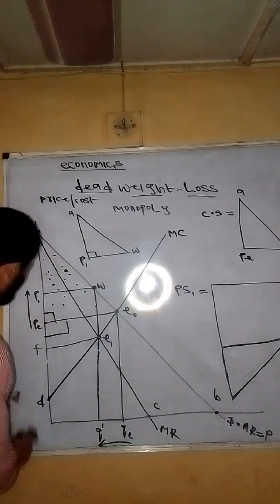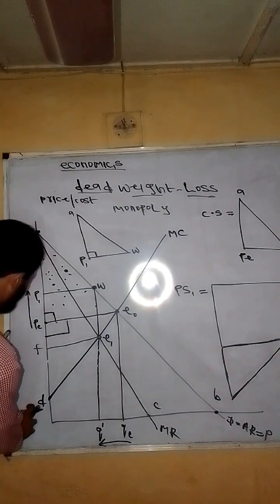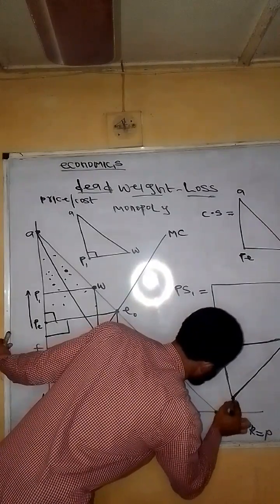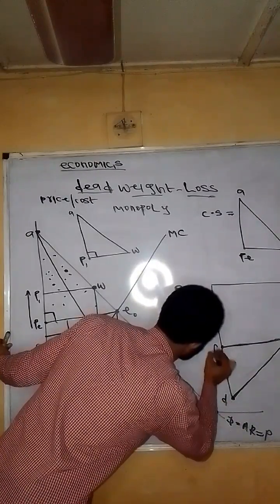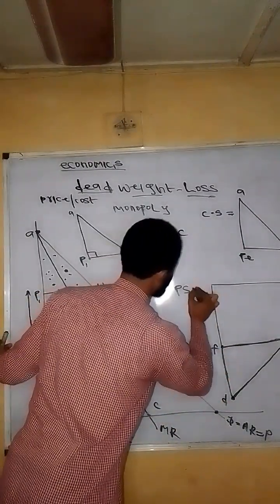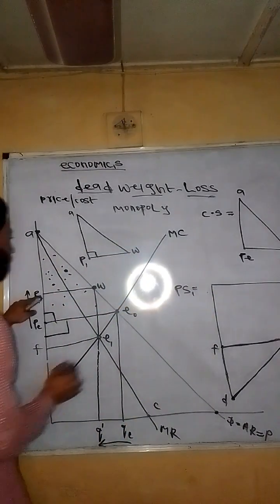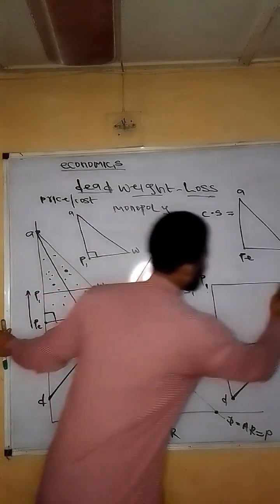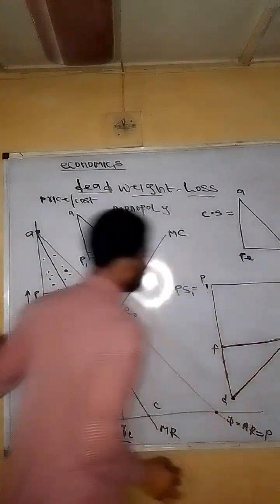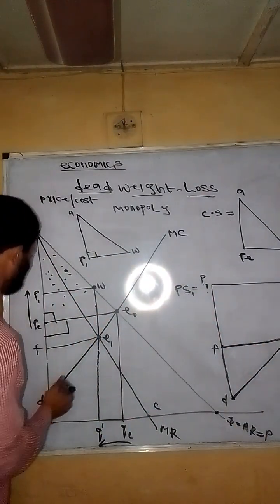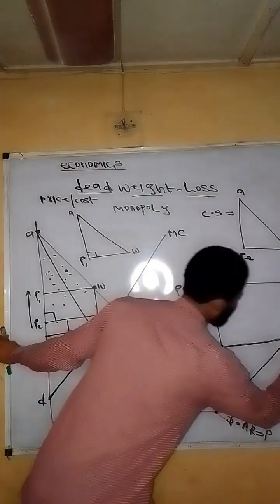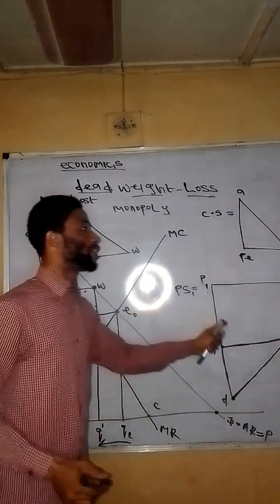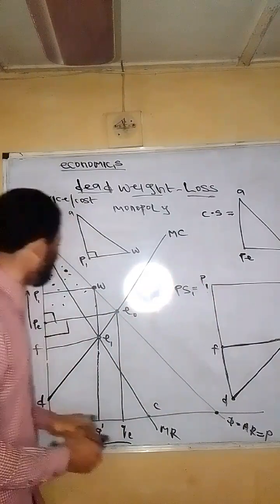So this is point D, this place is point F, this particular place is P1, this place is W, and this particular place is E1. So it is very obvious that the new producer surplus is higher than the original producer surplus.